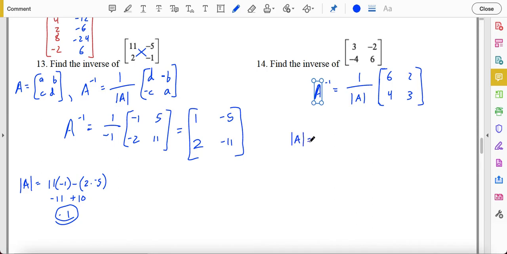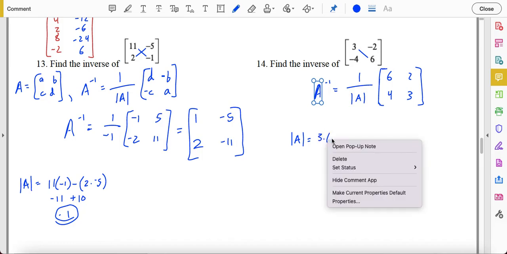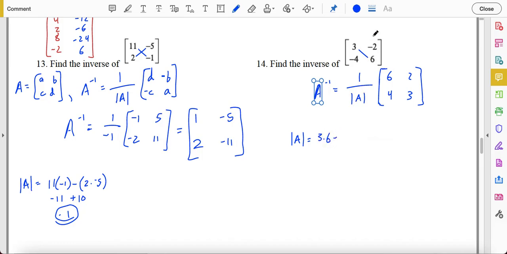So determinant of A, let's find it. We do 3 times 6, which is 18, minus negative 4 times negative 2. So we're at 18 minus 8, which is 10. So I've got 1 over 10 times this matrix, 6, 2, 4, 3. And all I do is multiply this 1/10 in there. You can either leave it as a fraction or an exact decimal.